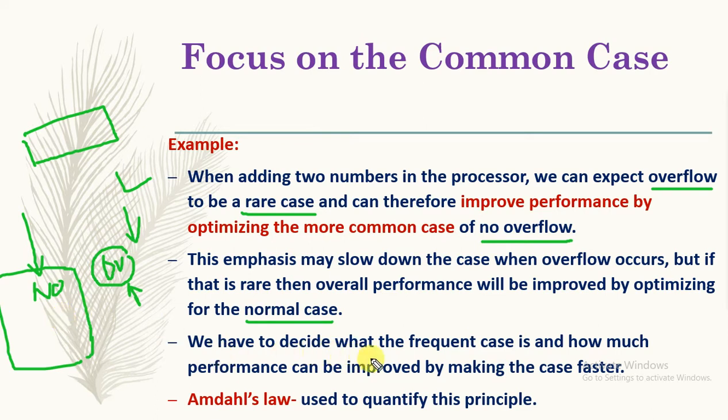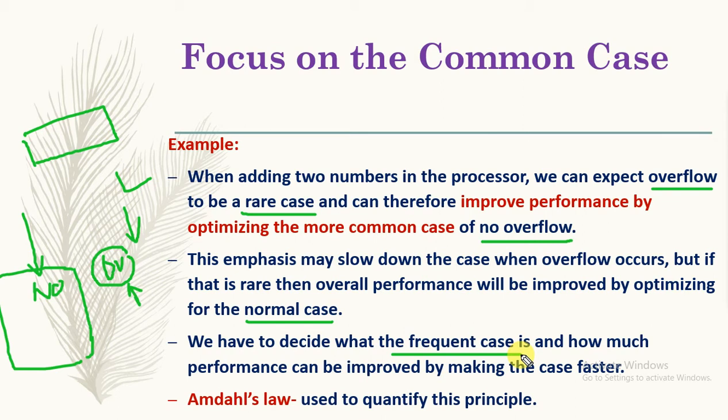So we have to decide what the frequent case is and how much performance can be improved by making that case faster. We need to identify and filter the most frequent case and the infrequent case, and while a designer tries to develop a new system, they need to add some enhancement.